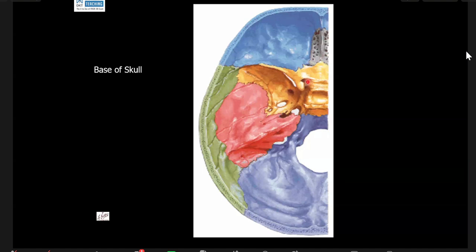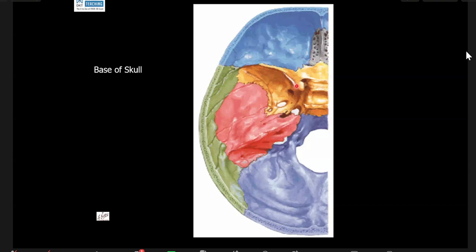So this foramen here is the optic foramen, and this one is the superior orbital fissure. Now, this concept is important to remember, and the same concept will be seen on imaging, particularly CT scan. So please remember that the optic foramen, where the optic nerve is, is superior and medial, and slightly inferior and slightly lateral is the superior orbital fissure.